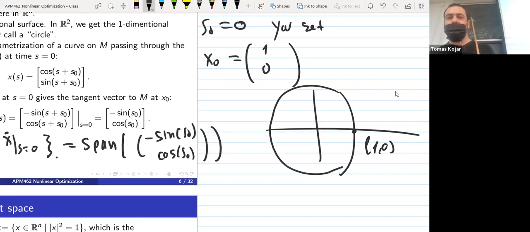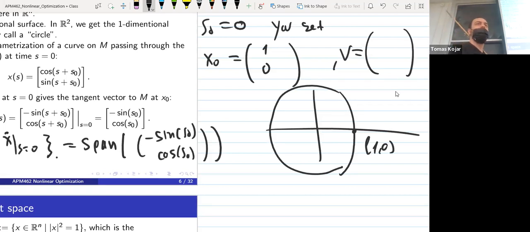And can someone else now tell me what's the tangent vector? Yeah, thank you. So these vectors are, where should I put it? You basically take the y-axis and you move it over here.